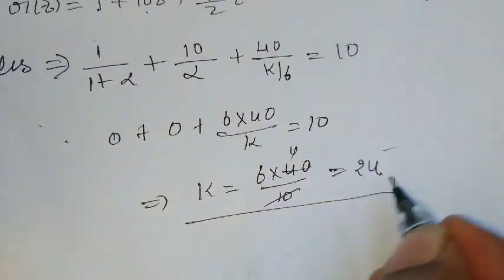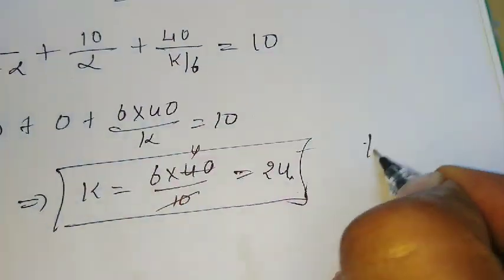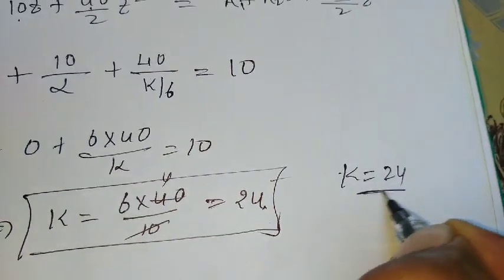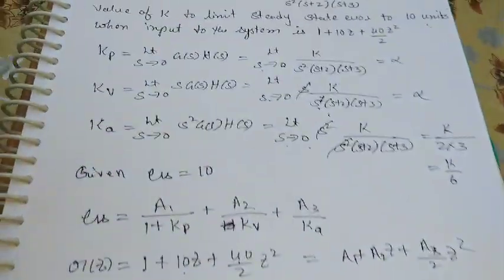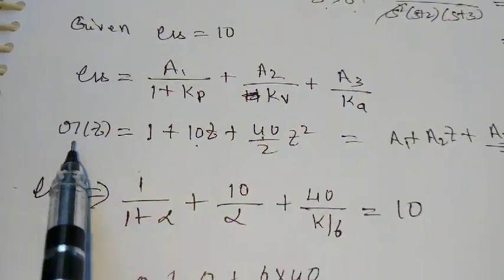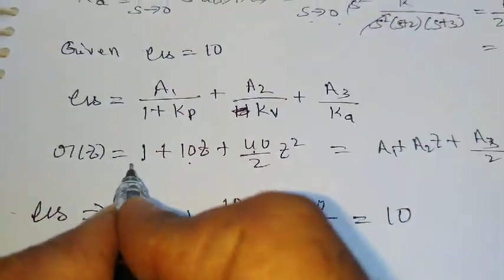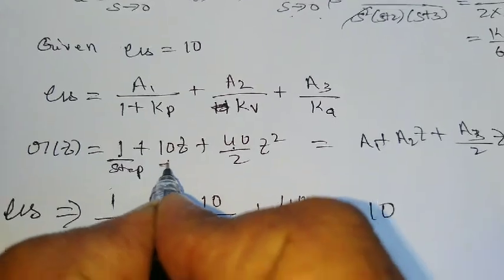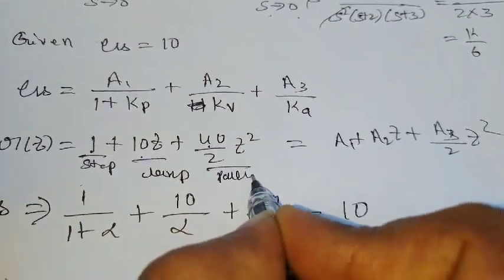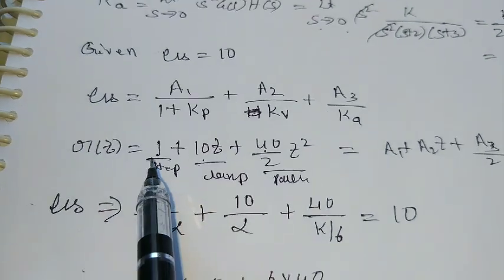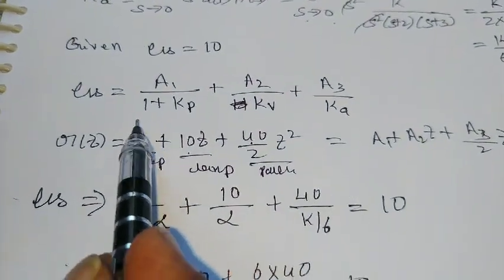The K value is 24. One thing you have to remember: in a complete problem, the input is a combination of step, ramp and parabolic. For step input, you will have some constant.